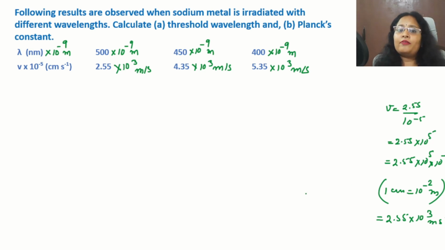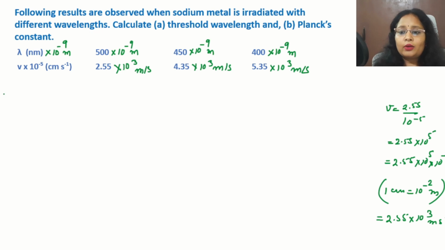This 10 to the power minus 5, from multiplying it with velocity, we will go with the numerical value and it becomes 10 to the power 5. That 10 to the power 5, when converted to meter, again 10 to the power minus 2 is added. So 5 minus 2, it becomes totally 10 to the power 3. So now we have the values of wavelength and the velocity.